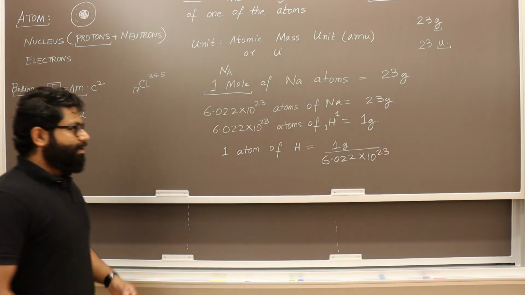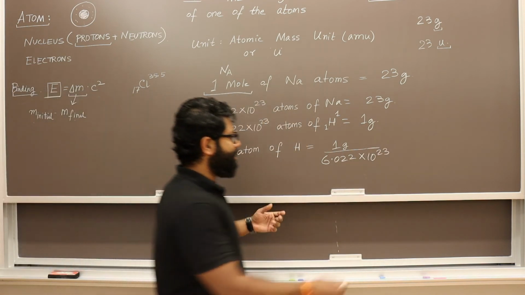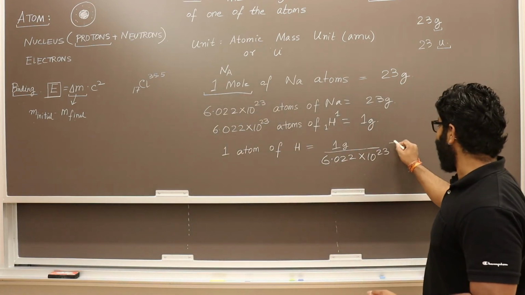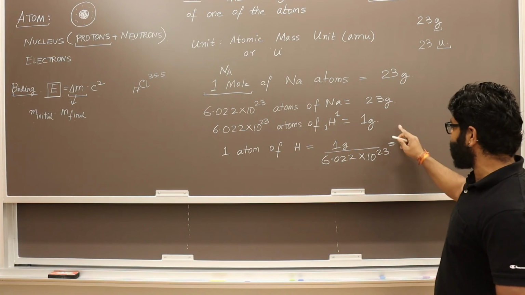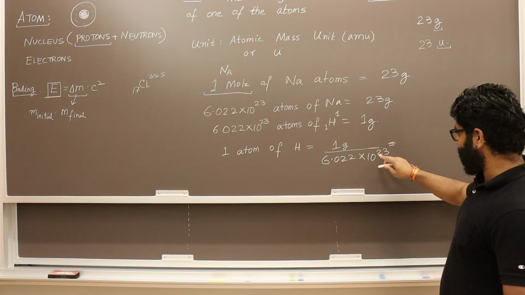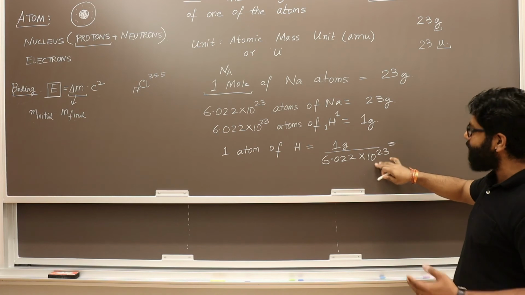Now, if you just do the math in here, 1 over this, the 10 to the power 23 goes from the denominator to the numerator.